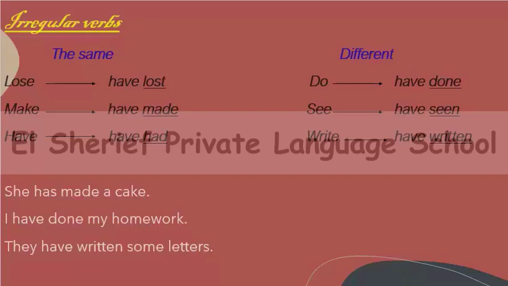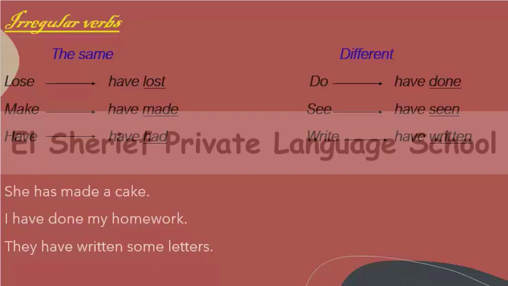Okay? And we have the verb to be, am or is or are in the present. In the past simple they are was and were, and in the past participle they are been. Like here, she has made a cake. Number 2, I have done my homework. Number 3, they have written some letters.